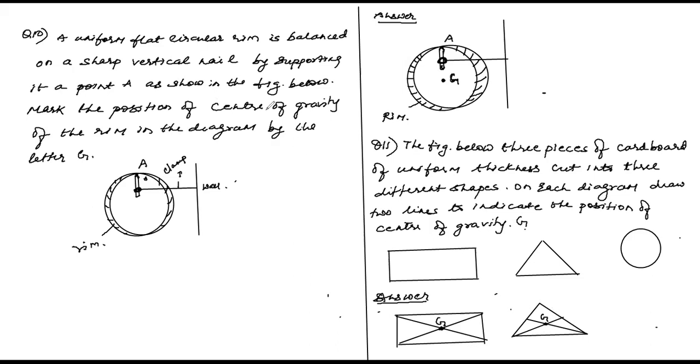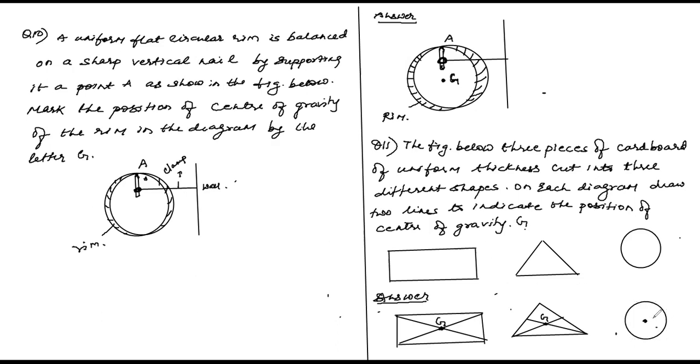Now, in case of circles, they want me to draw the 2 lines. But actually, what happens in a circle? The center of the circle is the point of symmetry.